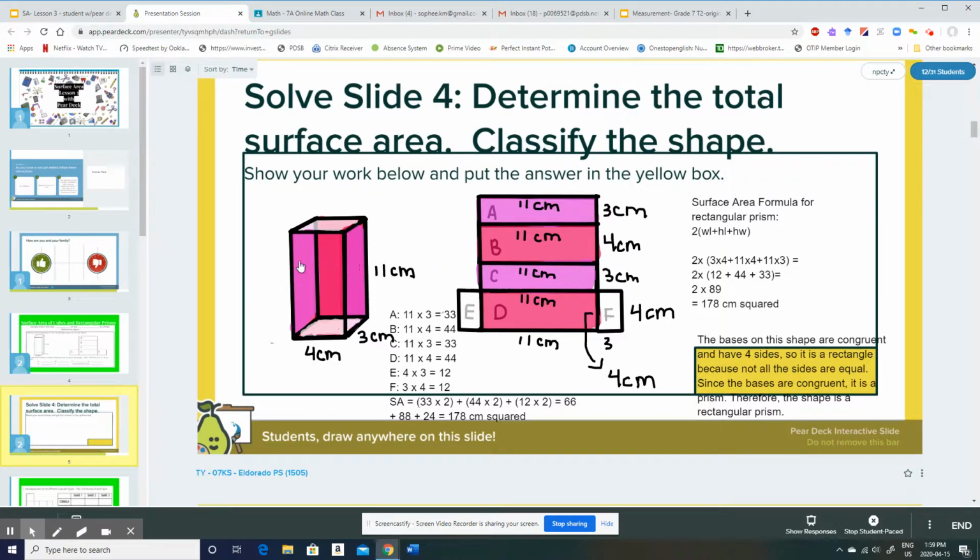They said, okay, these two are one color, these two are another color, and the top and bottom are a different color. Then A is 11 times 3, 33 centimeters squared. B, 11 times 4, 44 centimeters squared. They did each one separately. It is time consuming, but it is actually the best way. And the answer is 178 centimeters squared.